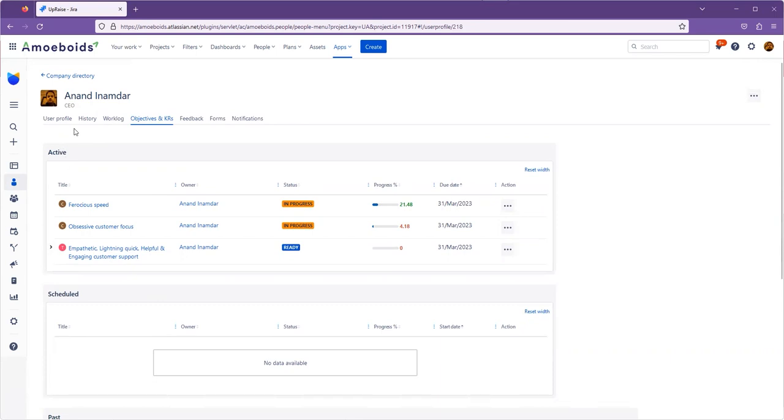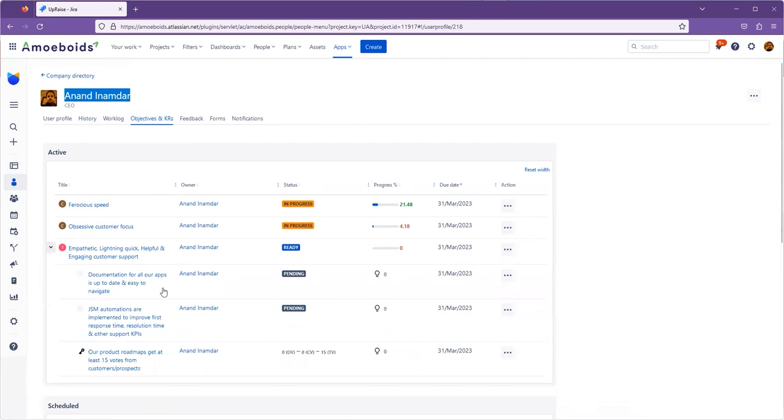Now, when it comes to the concept of ownership, it's important to know that the user whose profile I'm looking at may be an owner of one or more of the key results, as well as the objective.